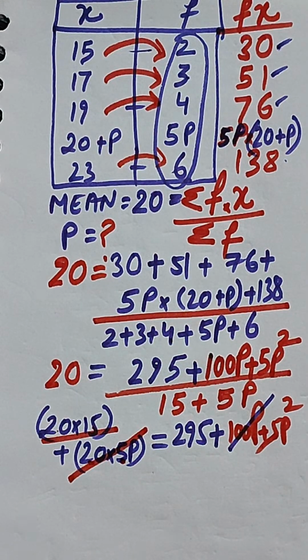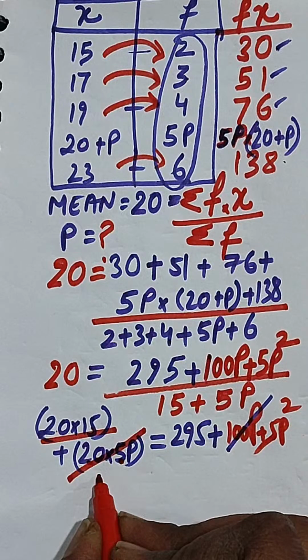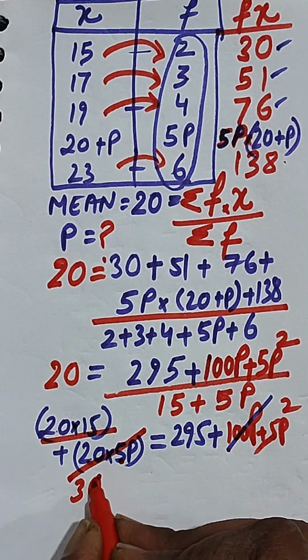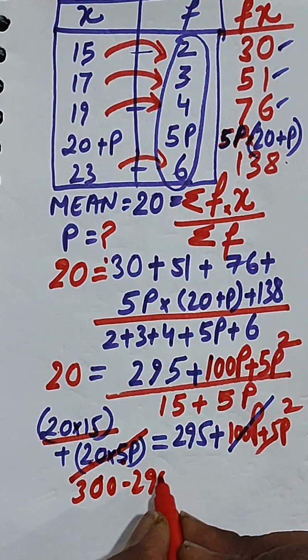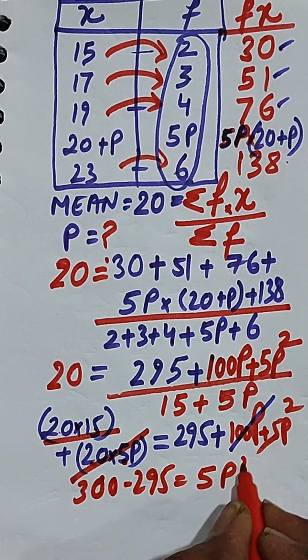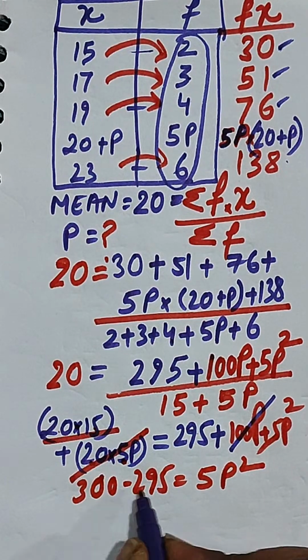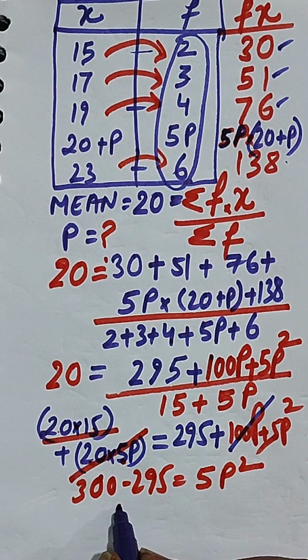So we have 300 minus 295 as the value of 5p square, right? 300 minus 295 is 5.